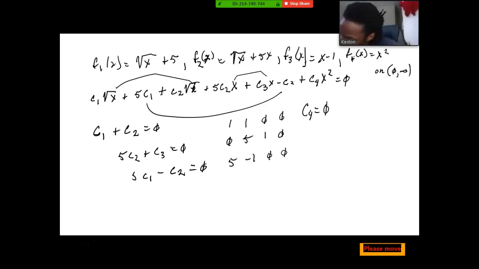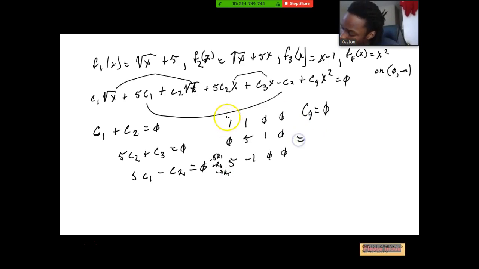Now, what I'm going to do here, remember linear algebra? Minus 5 times row 1 plus row 3 is the new row 3.